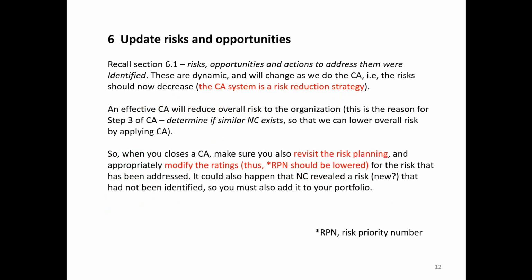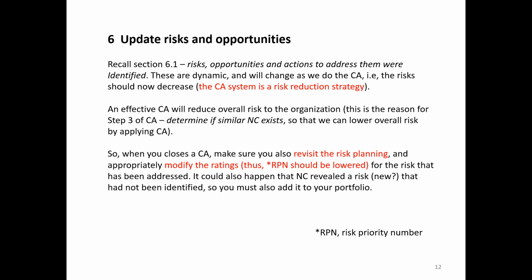Before that, you can recall section 6.1, we were talking about risks, opportunities and actions to address. You should recall that when you alter the risk, something else will change or get altered as well, because these are dynamic.